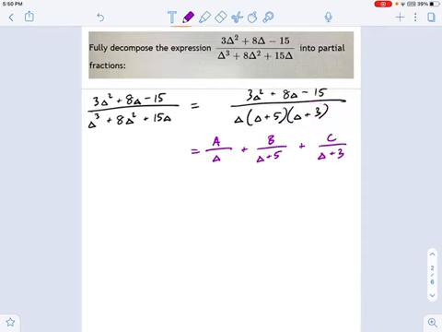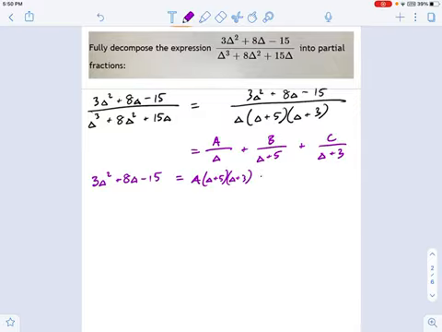And now I'm going to multiply both sides by every single one of those denominators. So on the left side, the denominator just disappears. Everything cancels out nicely. Let's see if I can just write this correctly. There we go. On the right side, we get a times delta plus 5 times delta plus 3.